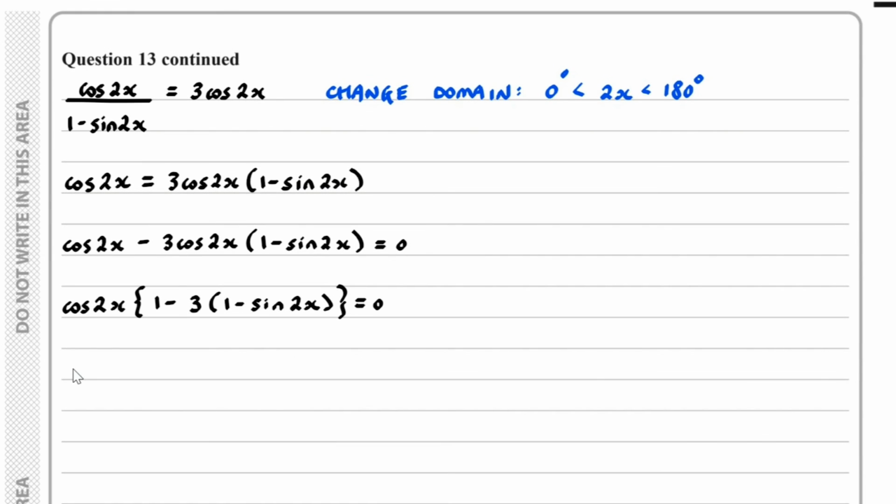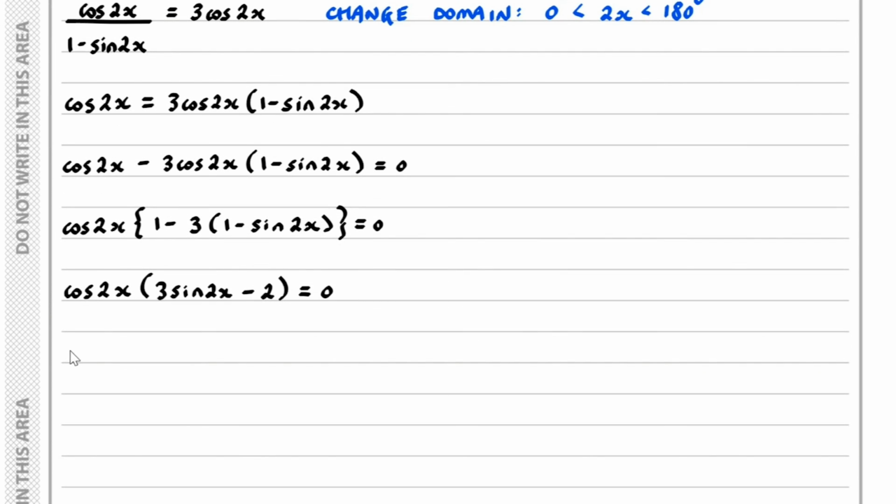And if we expand, well, first of all I've got cos 2x, and then here I've got 1 subtract 3, so that's negative 2, and then I've got negative 3 times by negative sin 2x, so that will be 3 sin 2x subtract 2, and this is equal to 0.